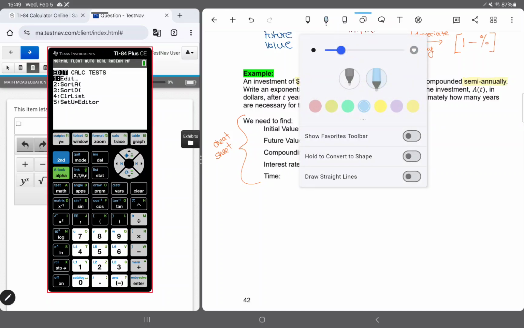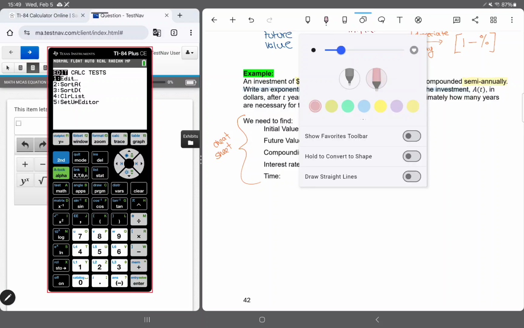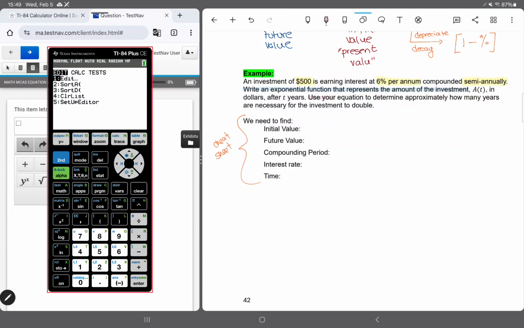They want us to do two things. Write an exponential function that represents the amount of investment A(t) in dollars after t years. And then part 2, they want us to then use that equation to determine approximately how many years are necessary for the investment to double.